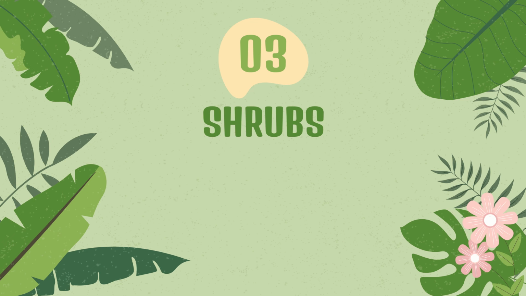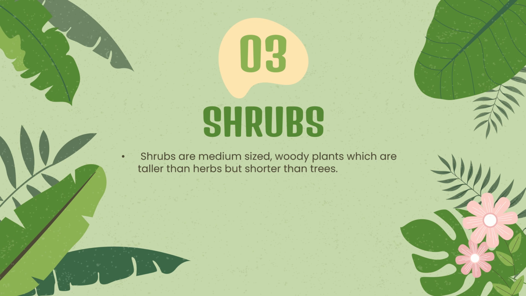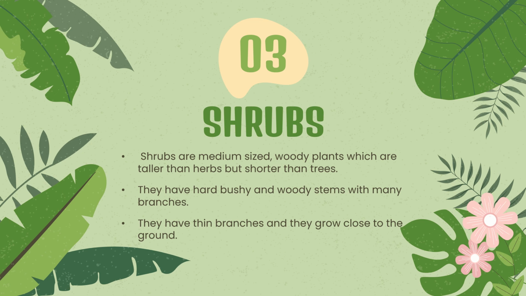Next is shrubs. Third type of plant is shrubs. So what are shrubs? Shrubs are medium-sized woody plants which are taller than herbs but shorter than trees. They have hard, bushy and woody stems with many branches. They have thin branches and they grow close to the ground.